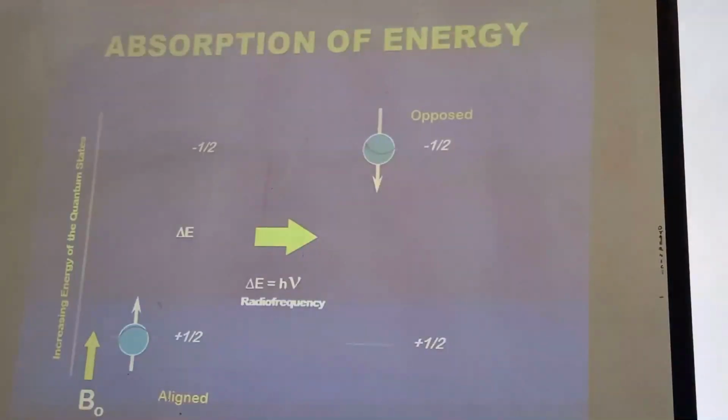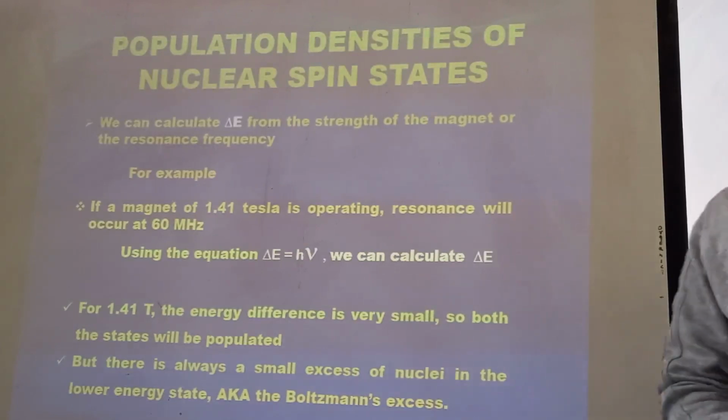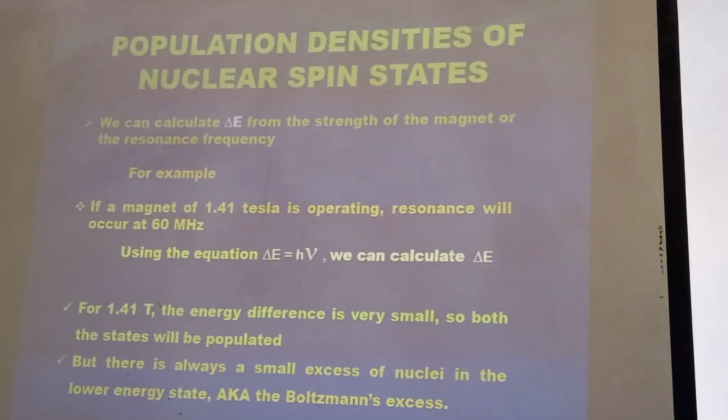There always is some population in the alpha state and some population in the beta state. So what is the population density of these nuclear states? You just saw with the help of this diagram that when you provide energy, when resonance takes place, these nuclei jump from a lower energy state to a higher energy state.